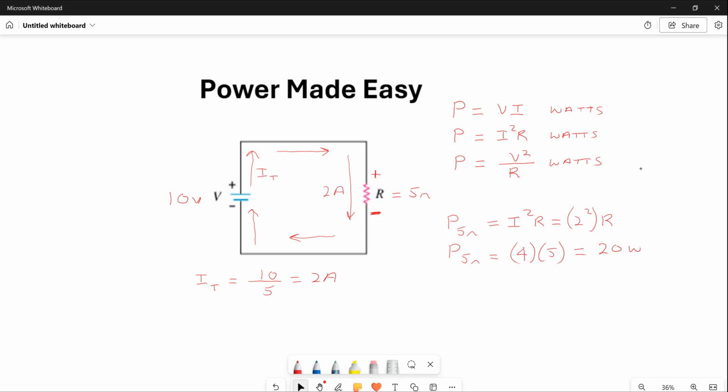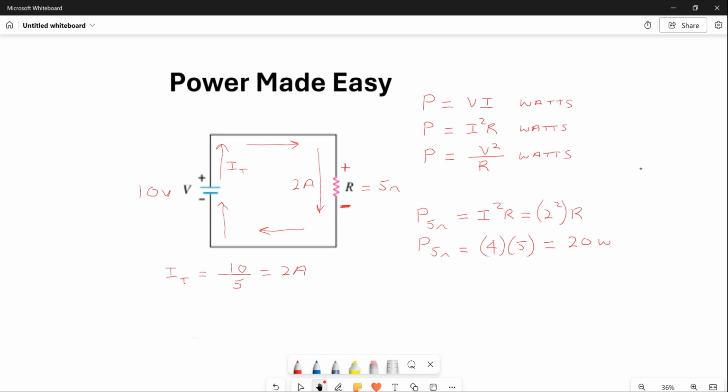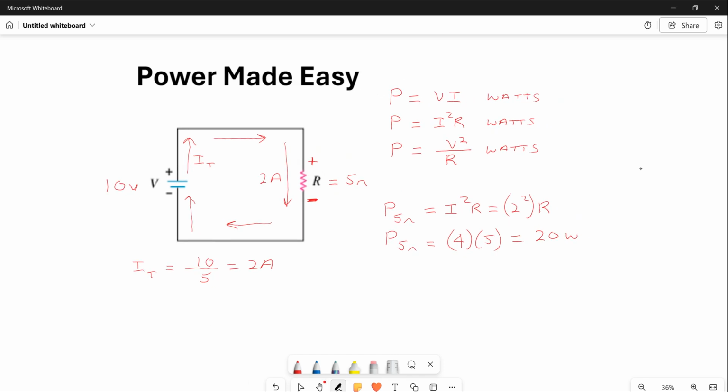The best way to do this is to say, if current enters the positive terminal of a device, which it does in the resistor, it has to be absorbing power.